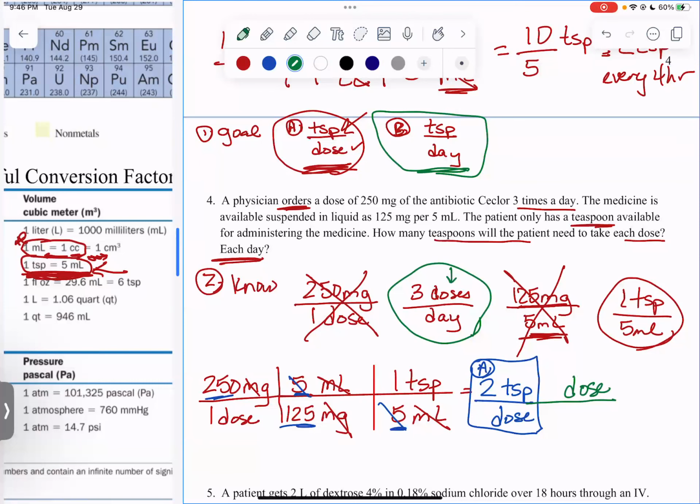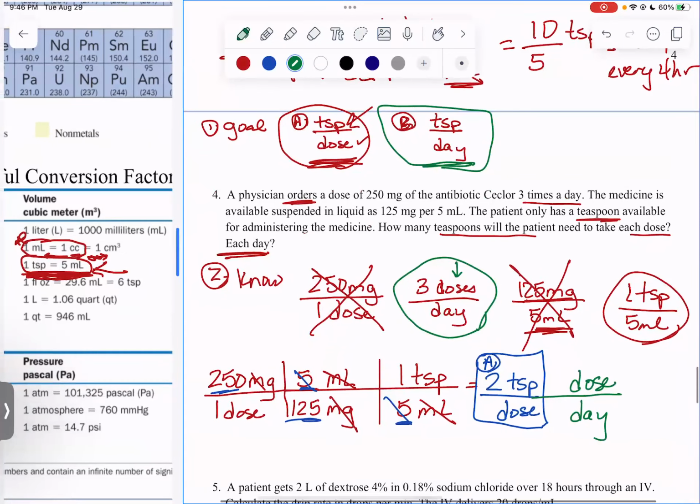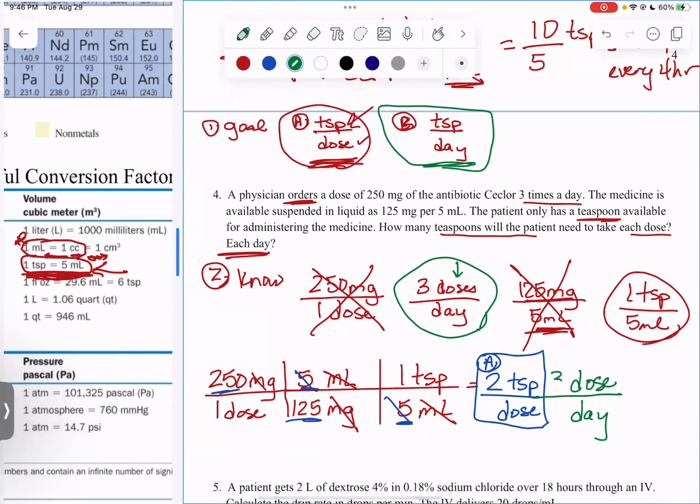And then I want to go to day, and that's exactly what I have. So that's perfect. There are 3 doses in one day. So dose cancels, and I'm left with 2 times 3 is 6. What are my units? I'm left in teaspoons per day. And that's exactly what I was asked for in B, teaspoons per day.